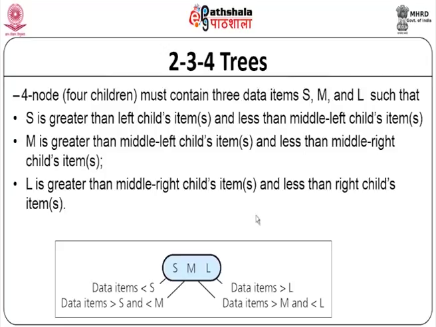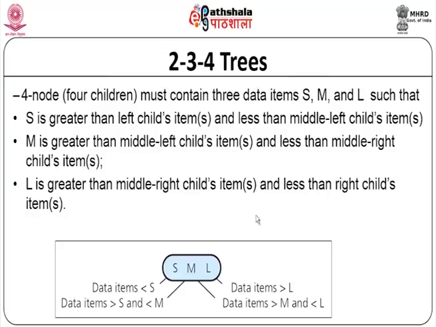Just let me repeat: all the items in the left subtree will be less than S, the middle left will be between S and M, the middle right will be between M and L, and the right will be greater than L. That is easier to understand. Data items less than S on the left, between S and M in the middle left child, between M and L in the middle right child, and greater than L in the right child.